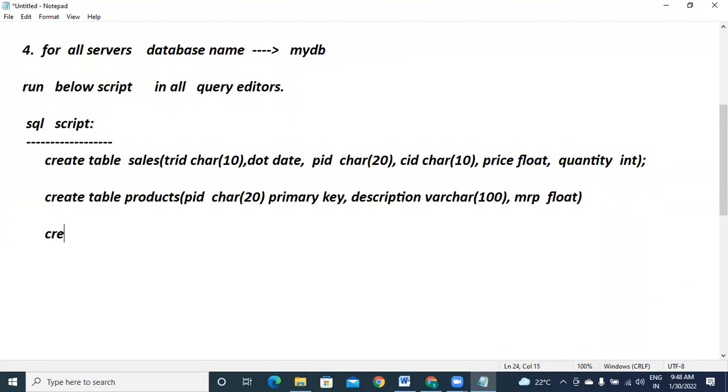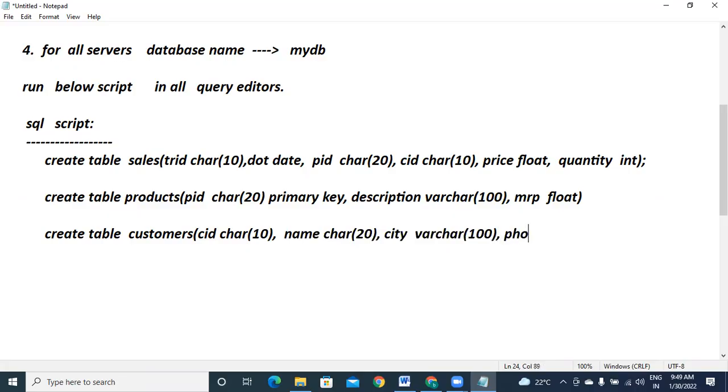And one more thing, create table customers. Your customer ID, first name, or simply I am saying name, city, and phone number.